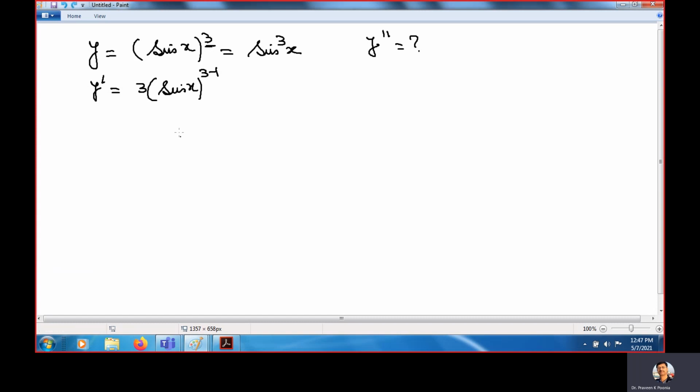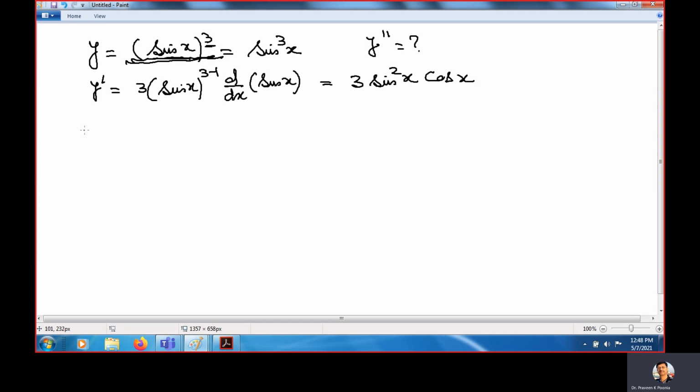So it is 3 sine x power 3 minus 1, and then because whatever is written is different than x, we will differentiate it also. So what we are getting? We are getting 3 sine power 2x into derivative of sine x, which is cosine x. So dear friends, this is the first derivative of sine x power 3.